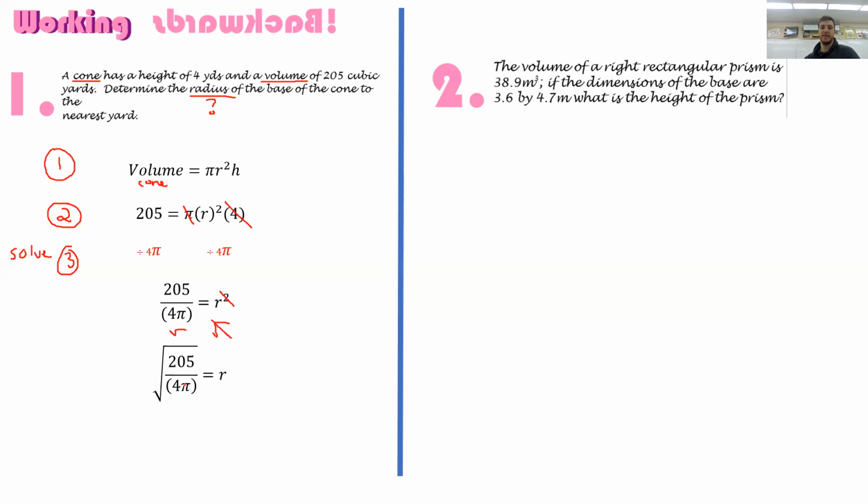Russley, come on, man. 12.68? Maybe I got the answer wrong. 205 divided by 4 pi square root. I got 4.04, so I don't know where you're getting 12.68.